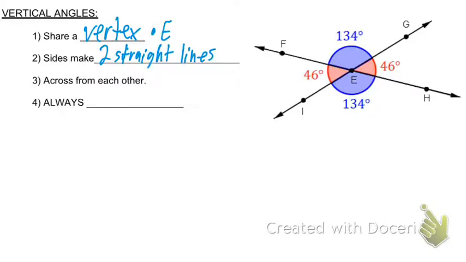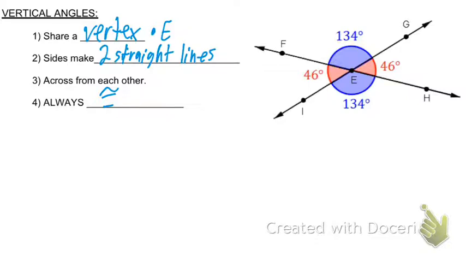They're across from each other, not next to each other, so they are not adjacent. And they are always, all caps, congruent. Always have the same measure, 100% of the time. So if they fit the first three categories, they're always congruent.